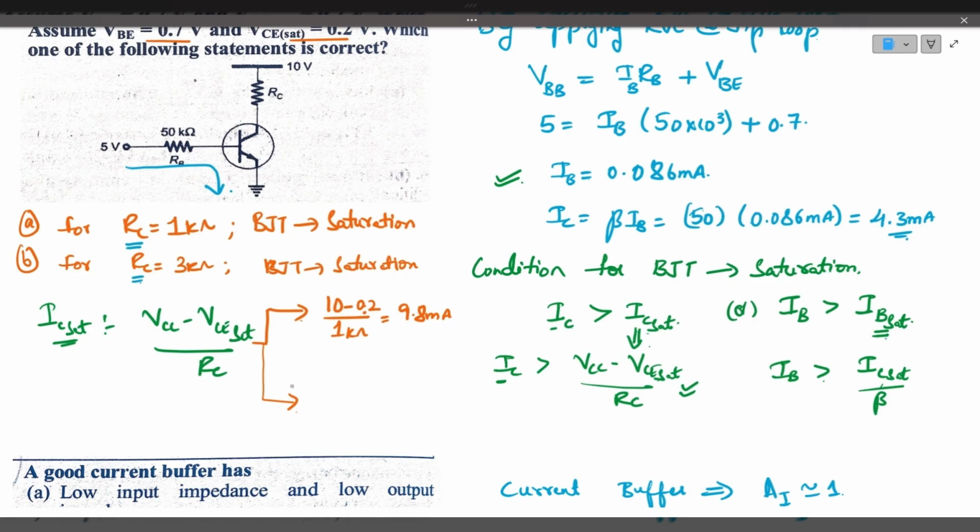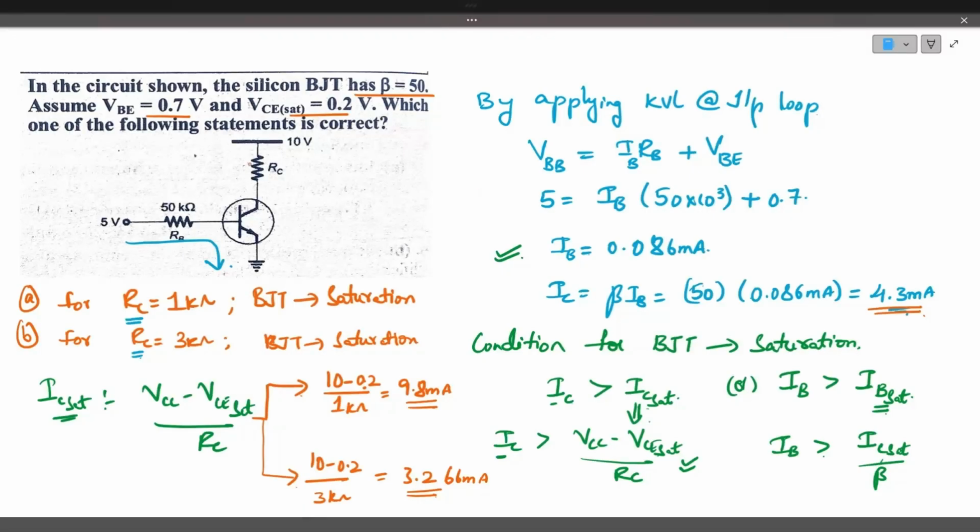Similarly, for RC equal to 3 kilo ohms: 10 minus 0.2 divided by 3 kilo ohms, this will be 3.266 milliamps. If you observe, 9.8 milliamps is greater than 4.3 milliamps, and 3.266 is less than 4.3. So for the transistor to operate in the saturation region, the resistance RC value must be equal to 1 kilo ohm. So the answer is option A.